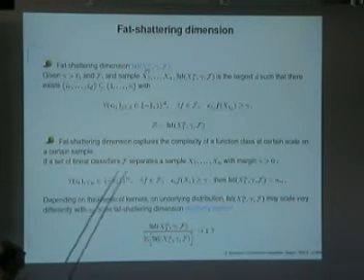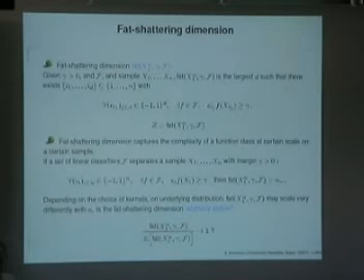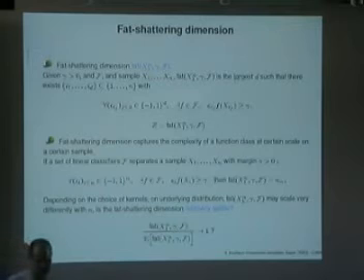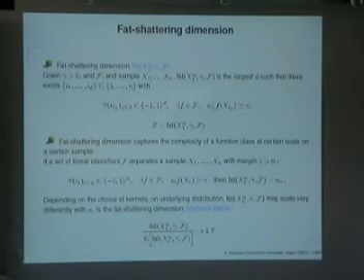Remember that this is the shorthand for x1, x2, ..., xn. And I would say that the fat shattering dimension at scale gamma is the largest size of a subset of x1 to xn that is gamma shattered.